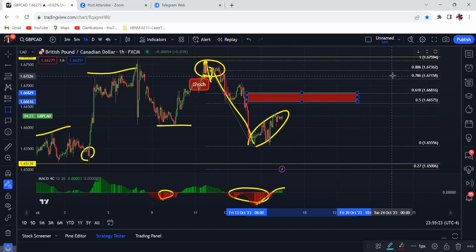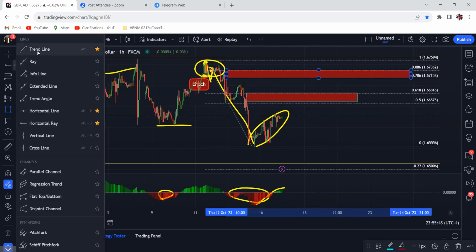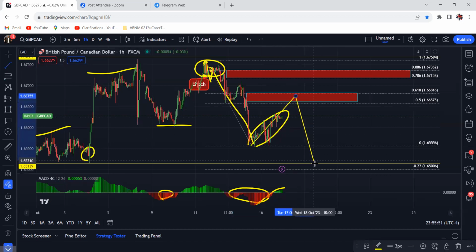And then after that, I have the extended fibs, the 786 and the 886. Those are the two areas I'm going to look to short at, so whether price pulls back here and drops, or extends right here.